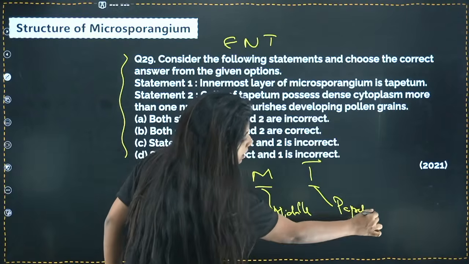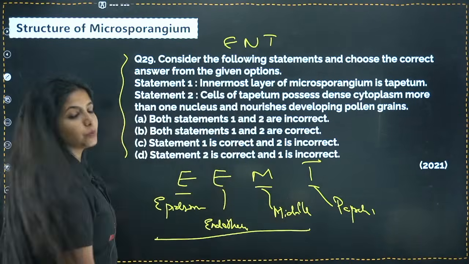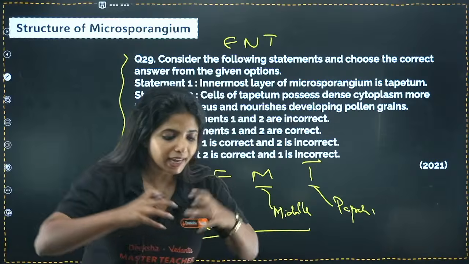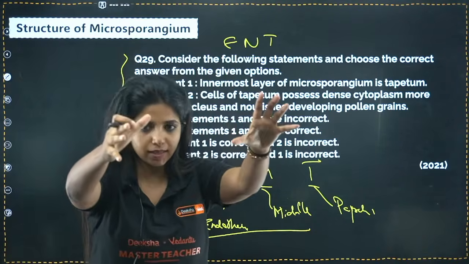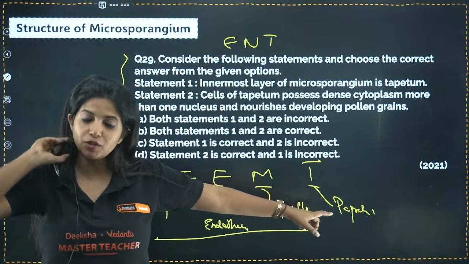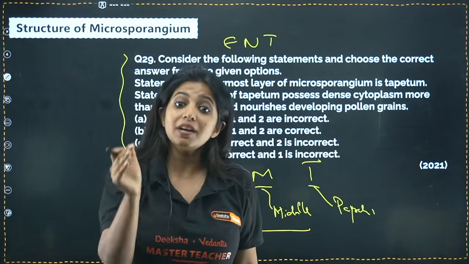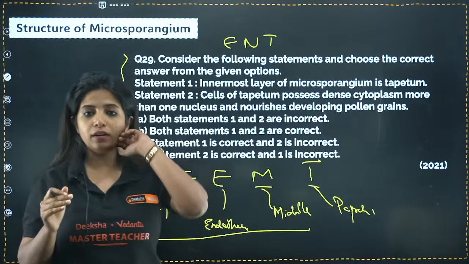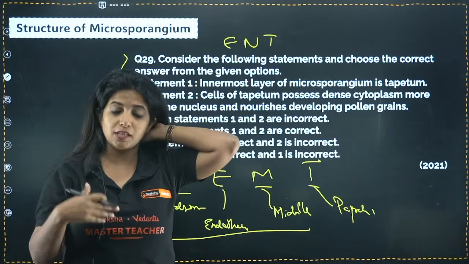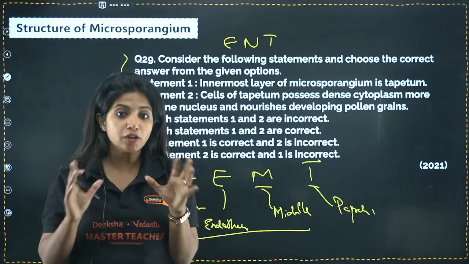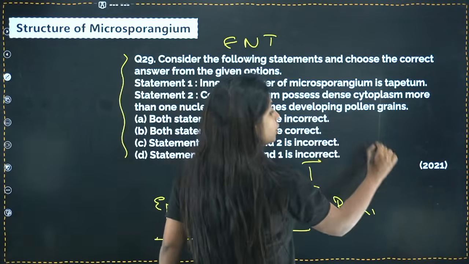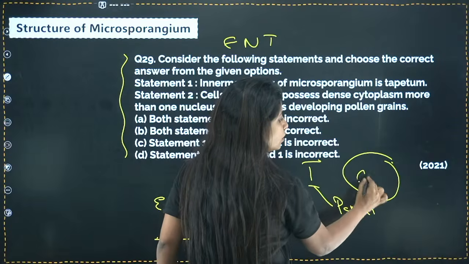Okay, and tapetum, my dear children. These three layers are responsible for dehiscence of the anther, for the anther to break open and release the pollen grains. But the poor tapetum is not for that. It is for nourishing the microspore mother cells or the pollen grains. Which is why it has dense cytoplasm, and not just that, it has a binucleate condition. One cell has two nuclei.